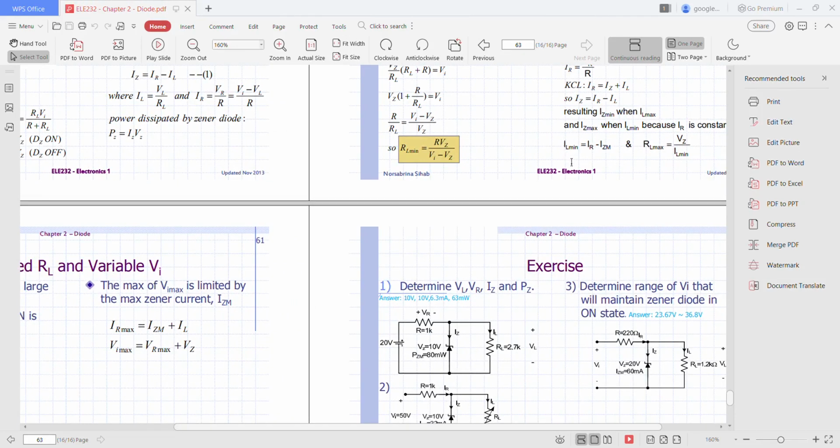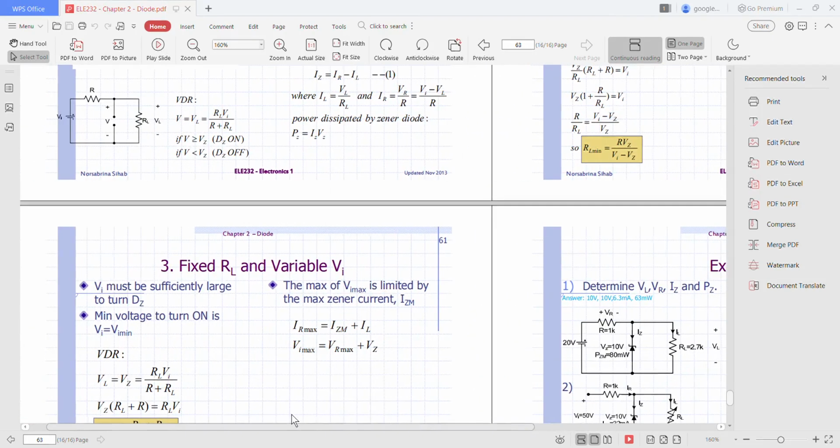From here, IL equals IR minus Iz, so IR equals IL plus Iz.